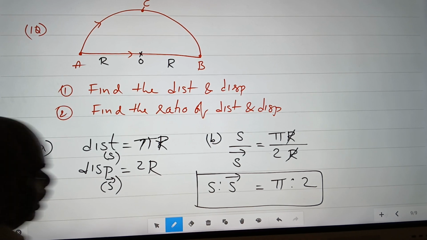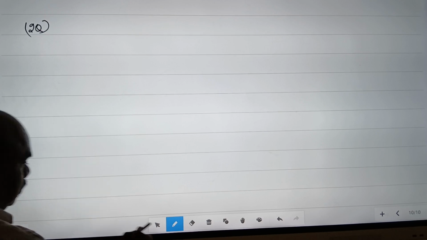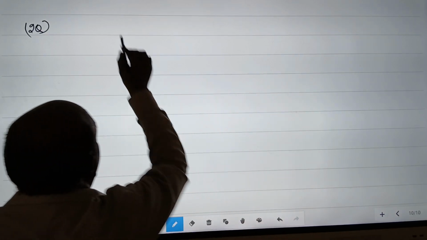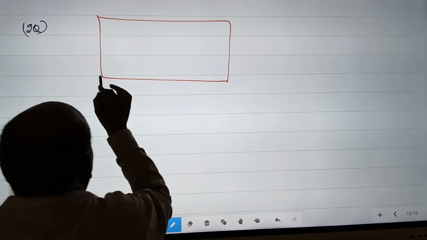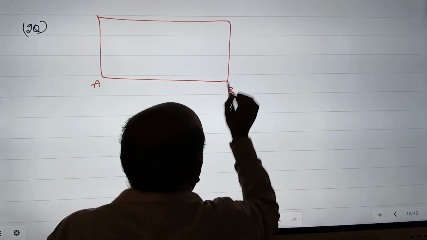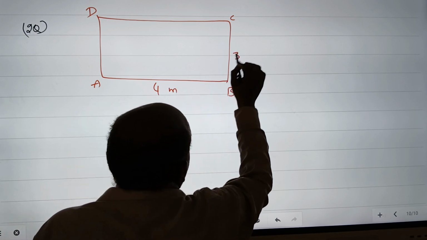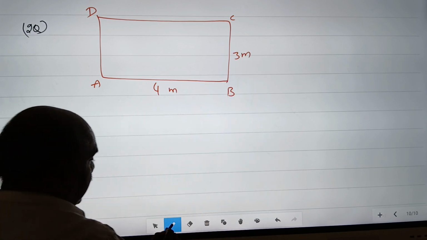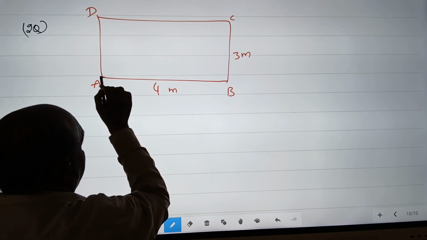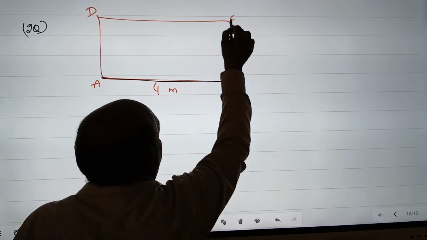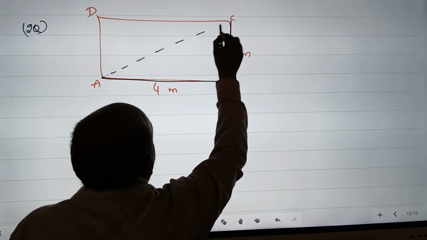Second question. You try once. Question number 2. Question: a rectangle. These corners are called vertices. Let it be A, B, C, D. This is 4 meter. This is 3 meter. A boy, a person moves like this, A to B, then after B to C. Now find the distance and displacement of the man.